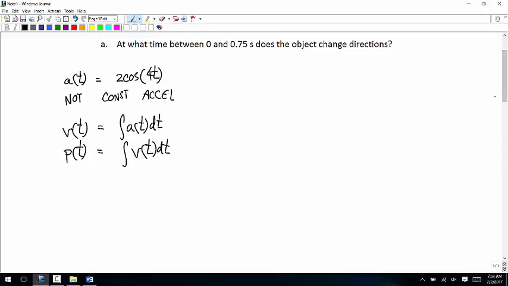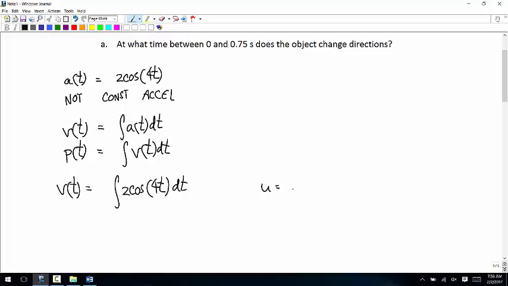Okay, so velocity is the integral of 2 times the cosine of 4t dt. How do we solve this integral? Yeah, u substitution.